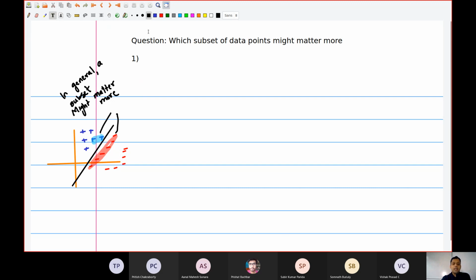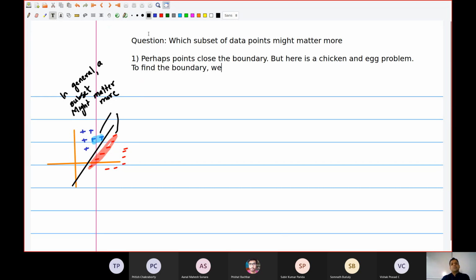One suggestion was perhaps points close to the boundary. Well, I don't know which points are close to the boundary, because that's a chicken and egg problem, right? To find the boundary, we need to learn the model.